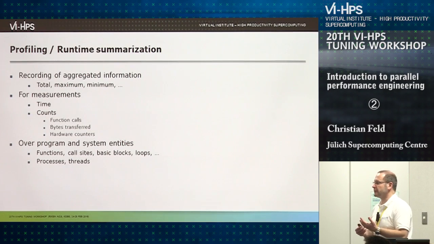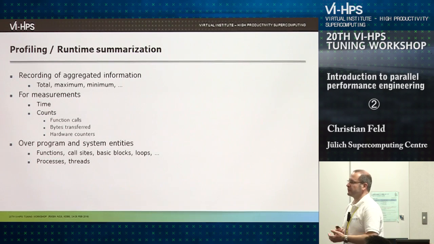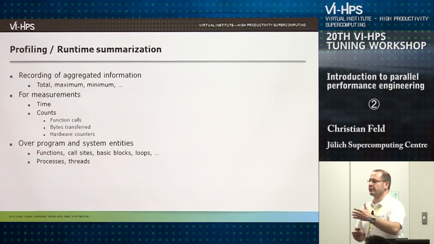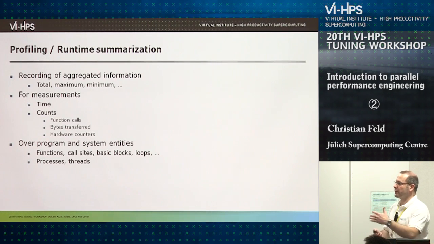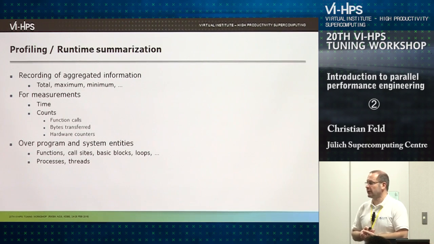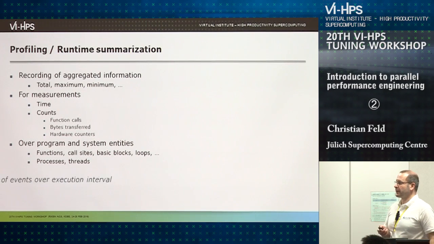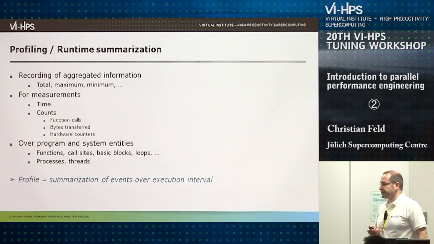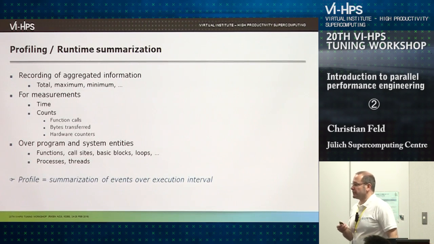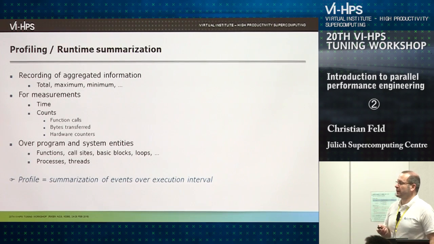Okay, and you get this information for example for functions, or if you manually instrument something for basic blocks or around loops, and you get data for processes and thread creation or thread management in general. So profile means a summarization of events over an execution interval.